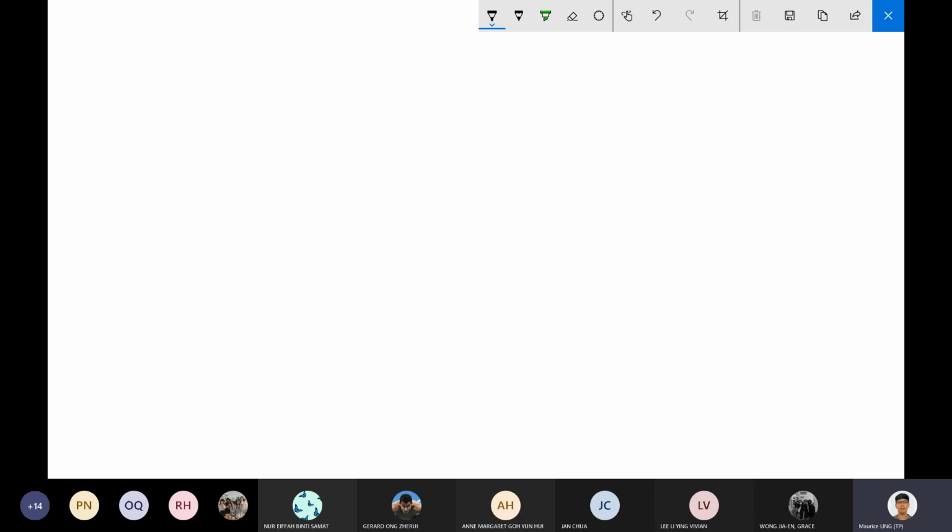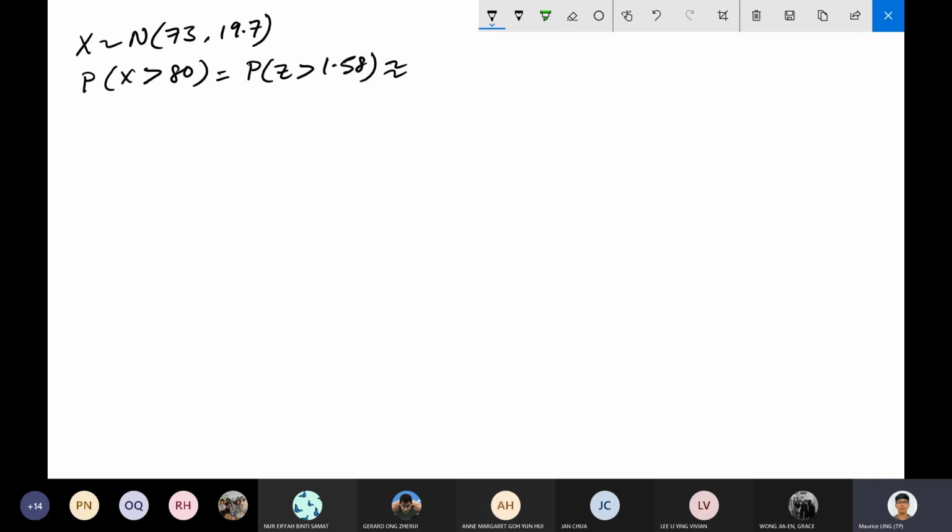So X is normally distributed with mean 73 and the variance is 19.7. What is the probability of finding X that is more than 80? So you calculate out, you will end up with Z more than 1.58. That gives you about 0.0571.